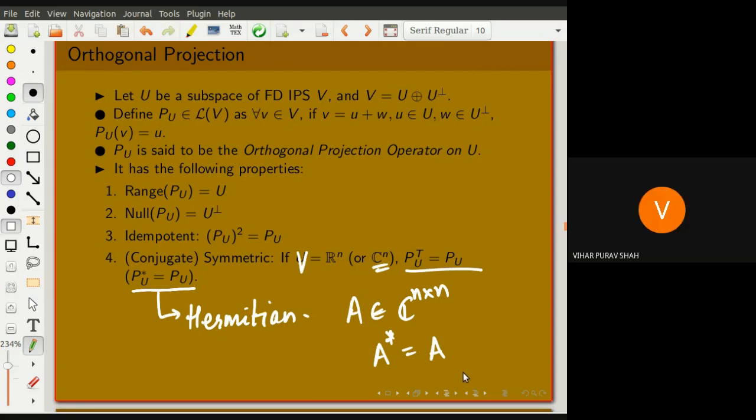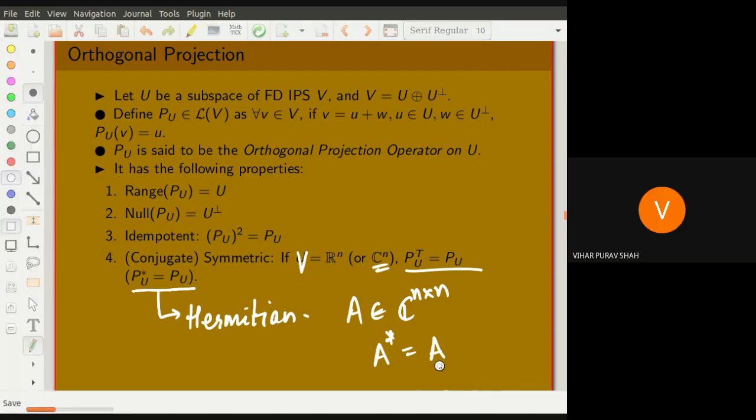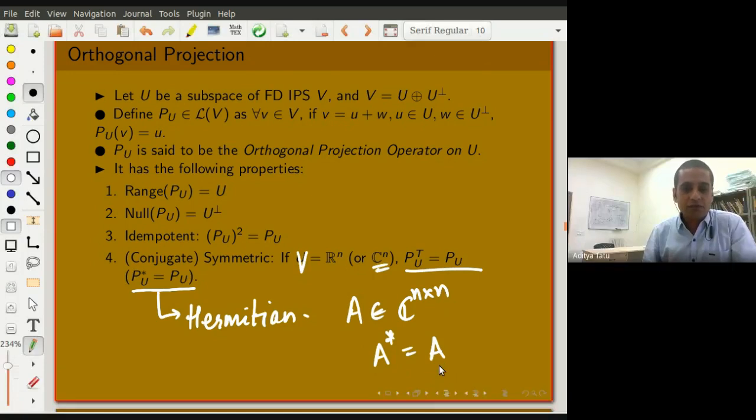Okay, sir. So I'll just repeat the same question. There is one more important property that is going to be utilized in several applications that I wanted to discuss as far as orthogonal projections are concerned. Can I just take 3-4 minutes more and then stop, or are you tired and you want me to take this up in the next class?